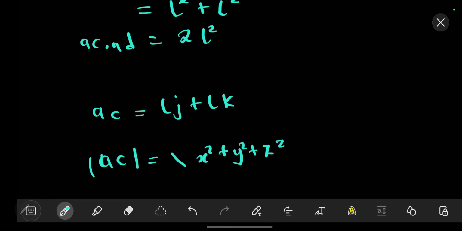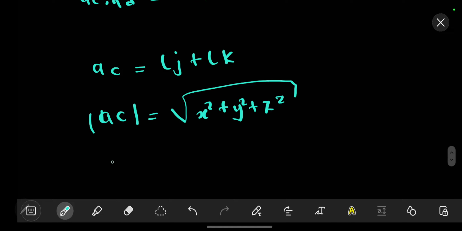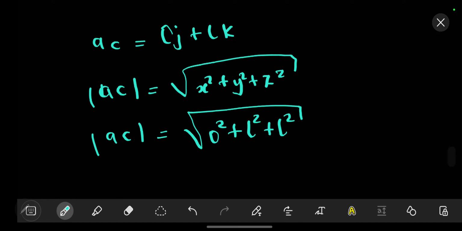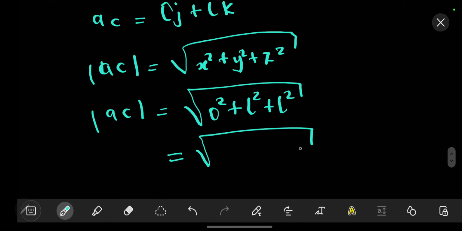So when we do that, we are going to get our AC should be equal to the square root of our x squared. So our x squared is 0 squared, plus our y squared is equal to L, so we just get the letter L squared, plus our z squared is also L squared. So this should be equal to the square root of L squared plus L squared. It will be 2L squared, like that.